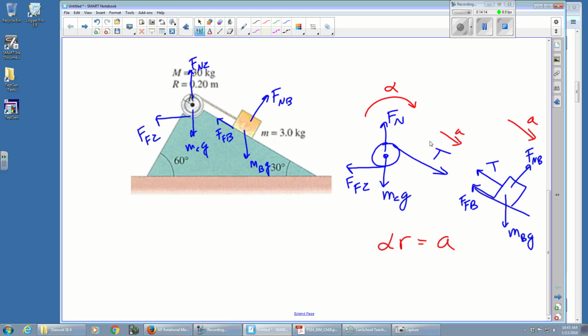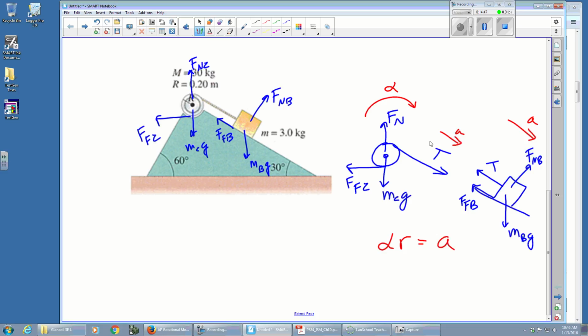So if we look at our individual force diagrams here, I could figure out the normal force on the box, figure out the frictional force on it from that, but I couldn't get this tension without knowing the acceleration. With the cylinder here, I could figure out the frictional force. Again, I don't know the tension because I don't know the acceleration on this.